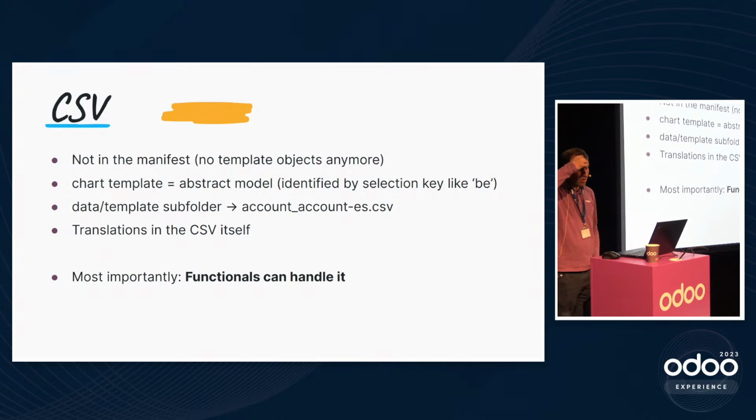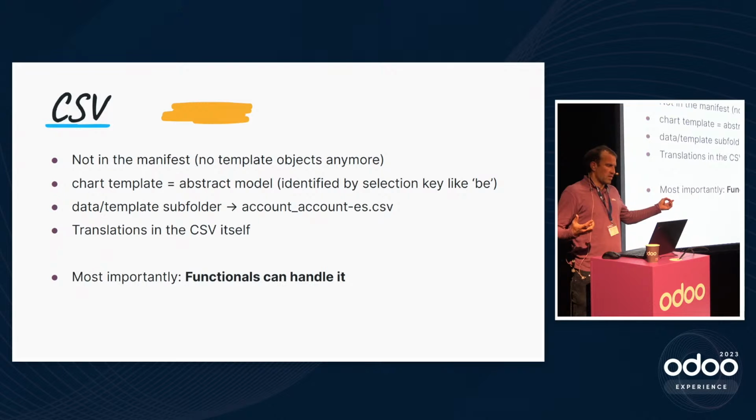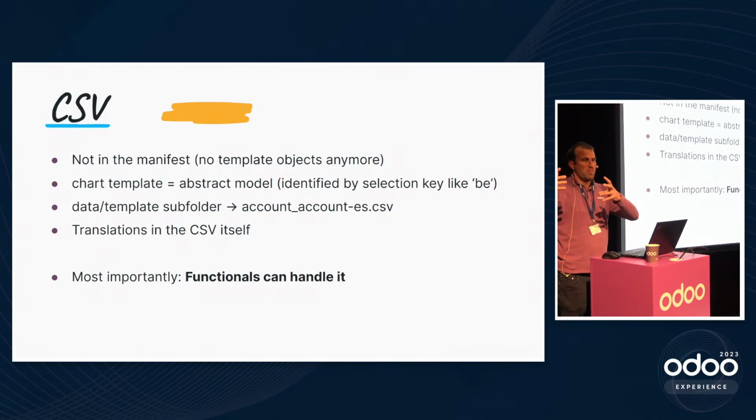But that's not the only thing. Those CSVs are also not in the manifest anymore. And that's also why I showed the old presentation: all the data we loaded in previous versions was put in a table .template. So we had a table account.template, a table account tax template, and so on.